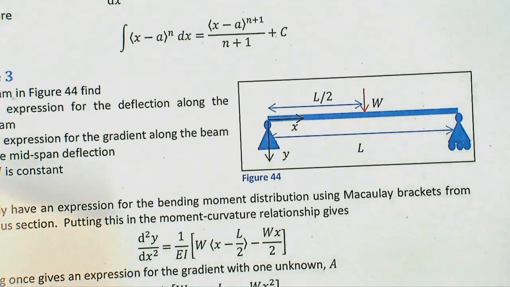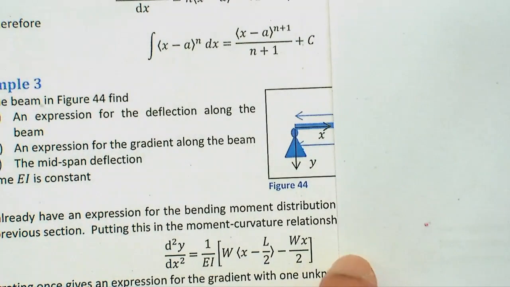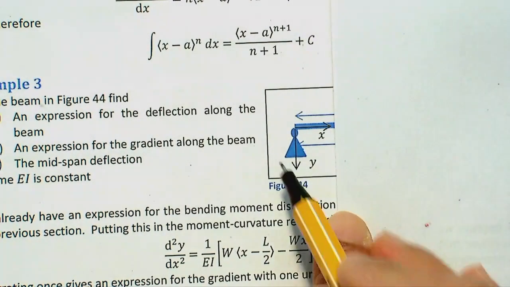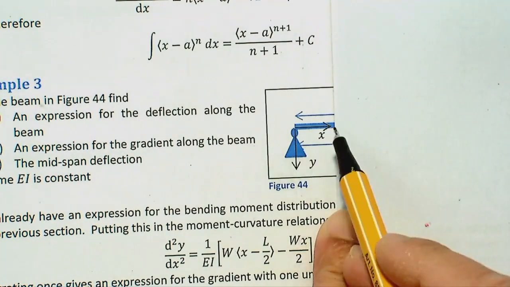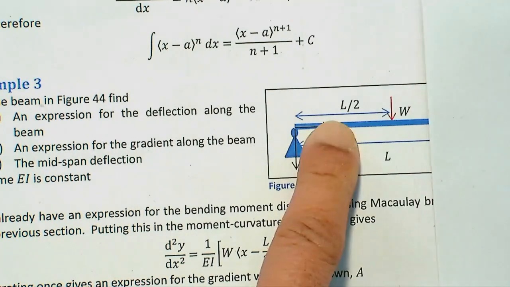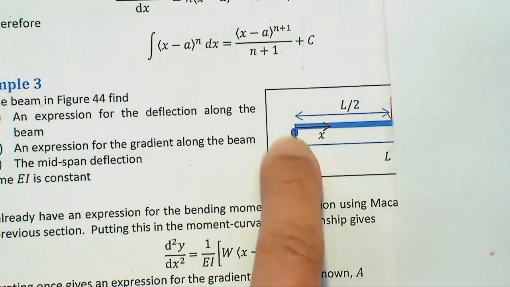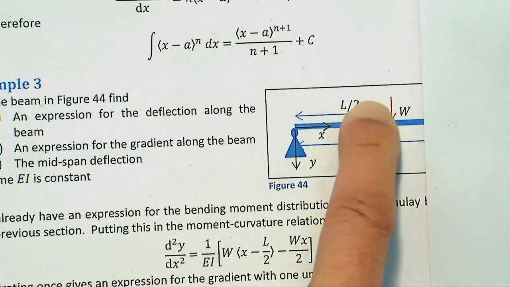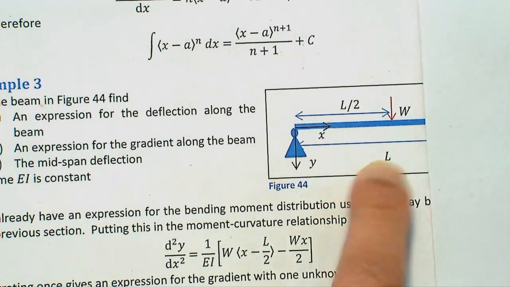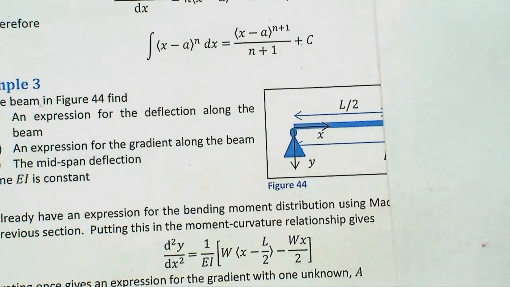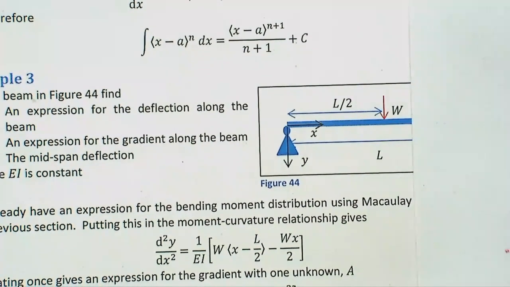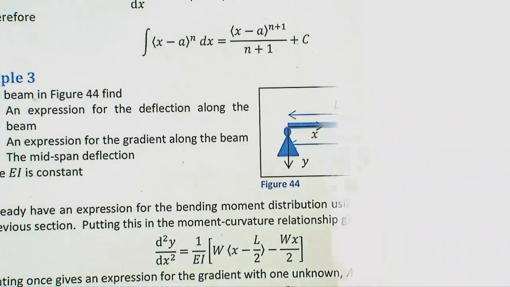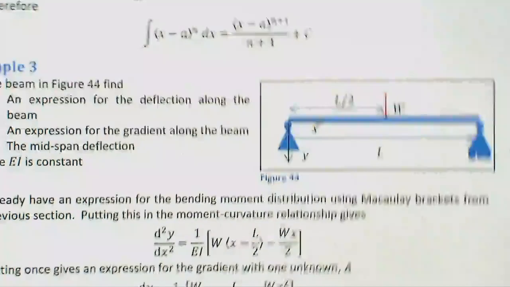If you take a section here, the bending moment would be W over 2 times X, and the bending moment here could be different: W over 2 times X minus W times (X minus L over 2), etc. We will see how we can handle these sort of things and various others.